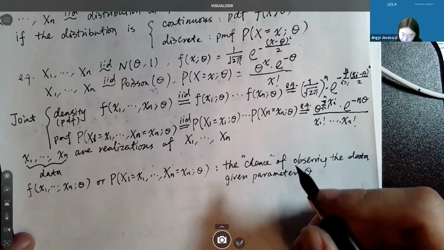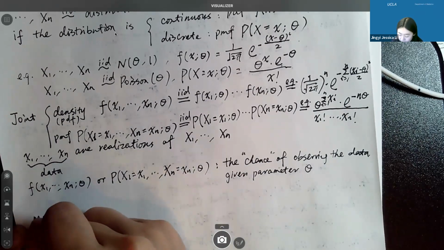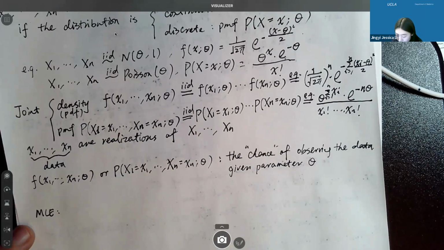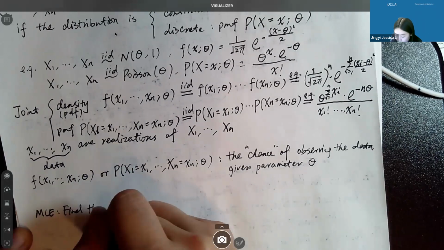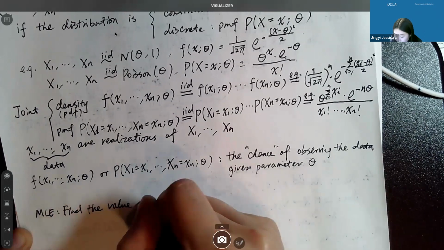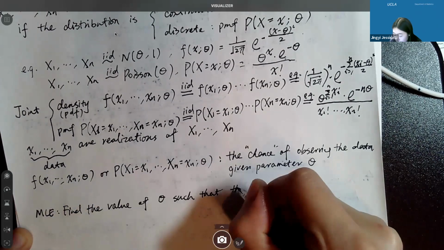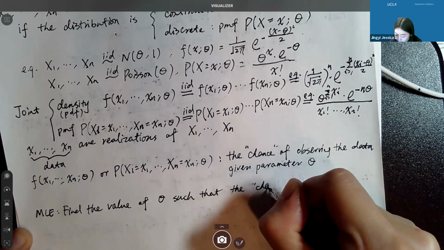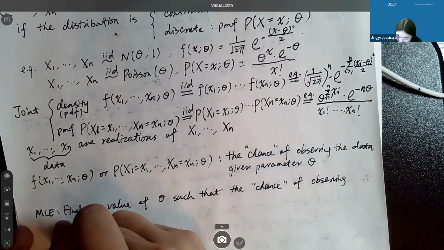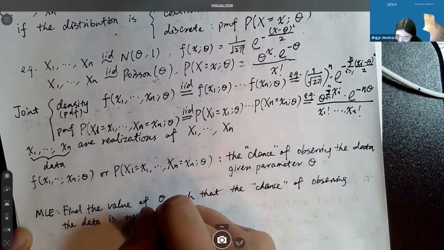MLE takes this attitude: find the value of theta such that the chance of observing the data is maximized.